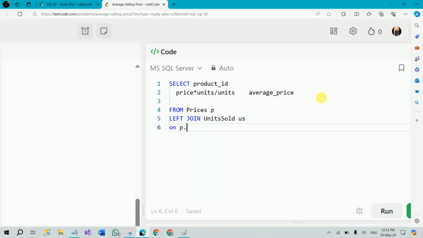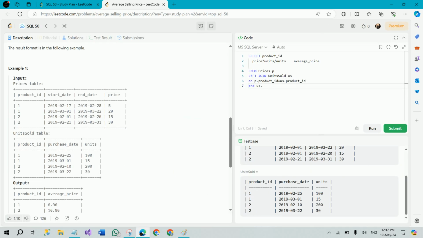On P dot product id is equal to US dot product id and US dot purchase date is between P dot start date and P dot end date. Okay, and then we have to group the content by P dot product id.